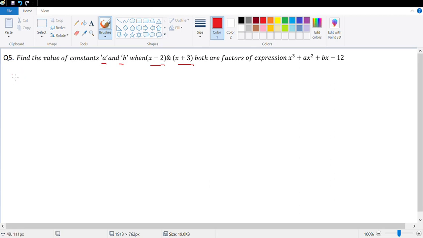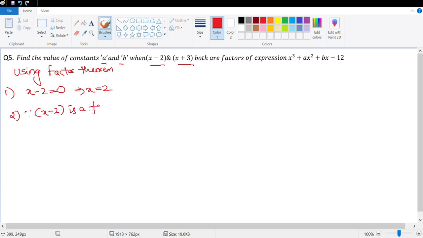So using factor theorem, we have x minus 2 is equal to 0, which means x is equal to 2. Now since x minus 2 is a factor, therefore f of 2 should be equal to 0.